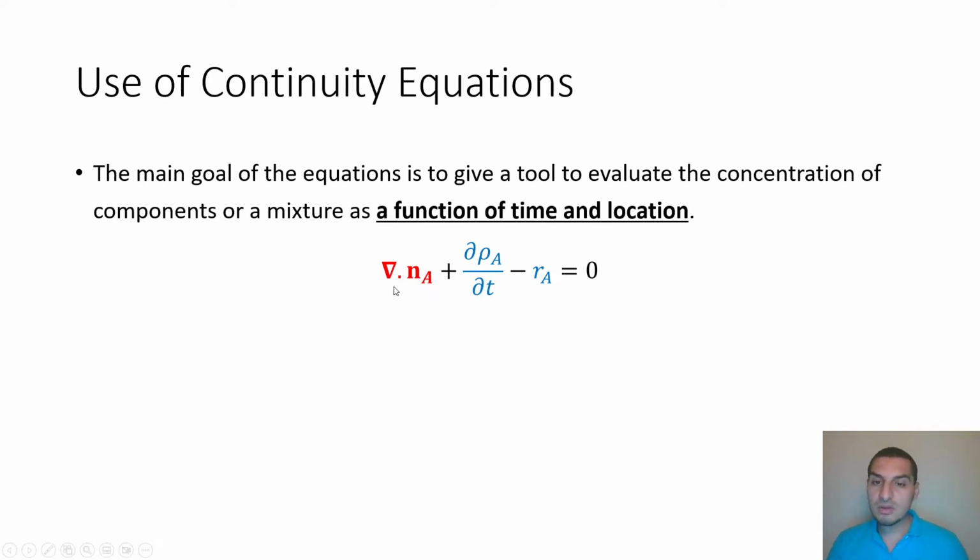But for N, it's not that simple and not that straightforward. So for the mass flux or the mole flux, we know that they are dependent on the concentration, but they are not directly put in the form of concentration.